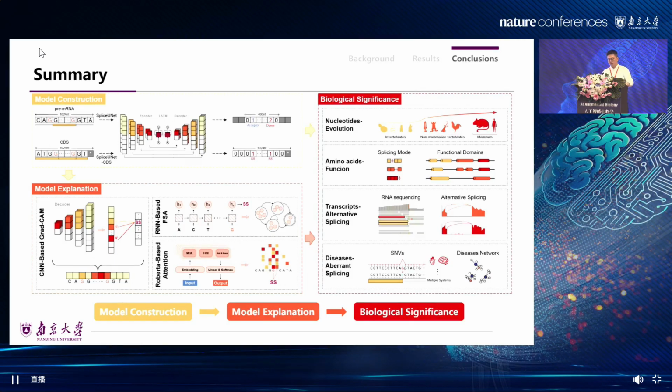We then demonstrated that this feature, a preference of G at the end of the exon, has been under strong positive selection through evolution, likely to ensure splicing accuracy in increasingly complex organisms.